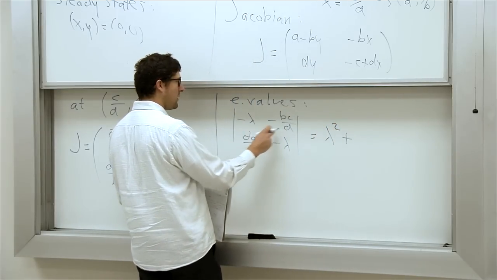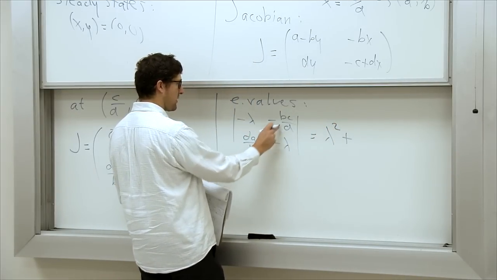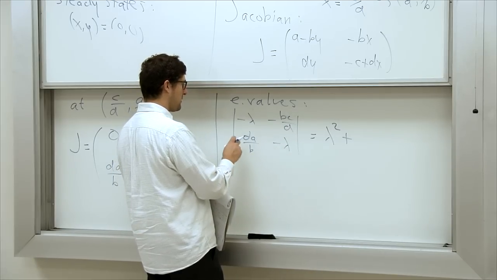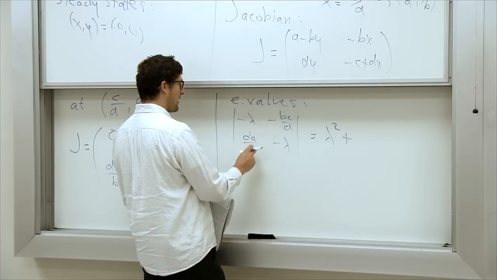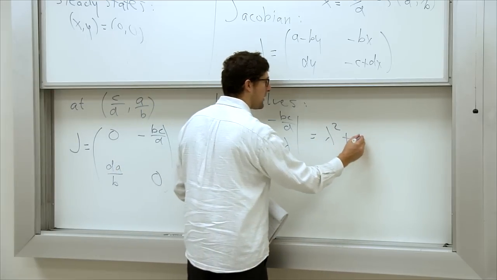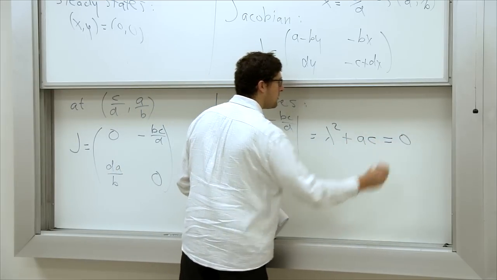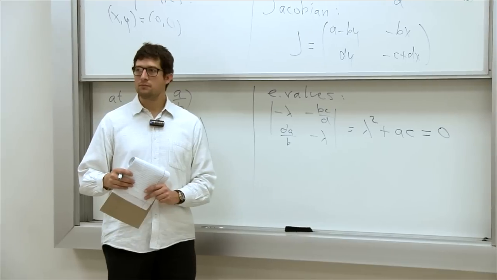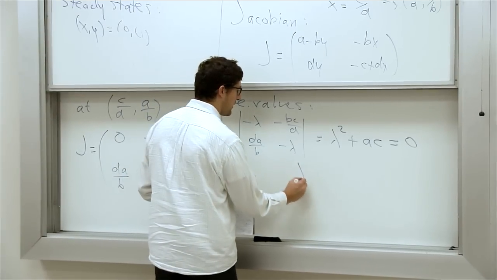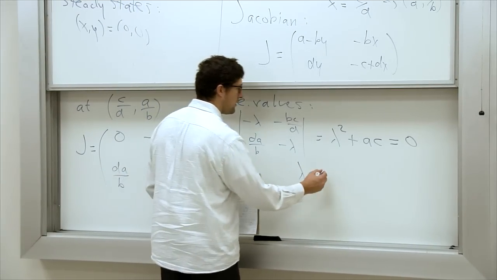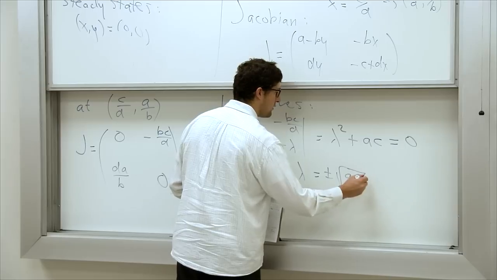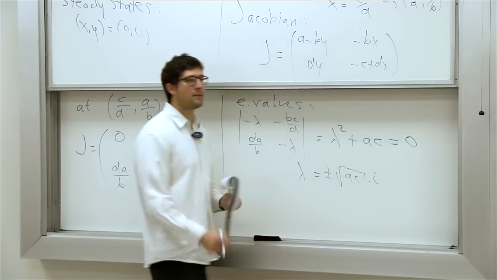plus there's some cancellation. This times this guy times this guy: B cancels with the B, D cancels with D, and you end up with an AC. That means that the eigenvalues are plus or minus square root of AC times i.